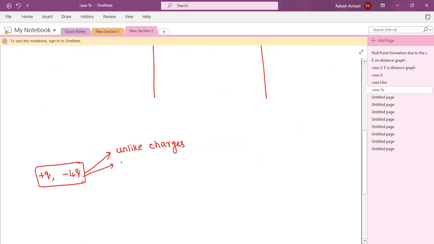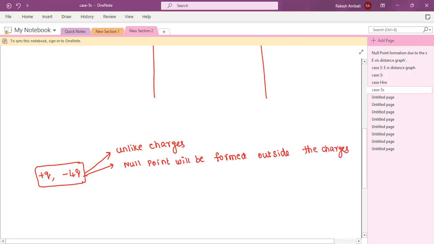Second point, in the case of unlike charges, the null point will be formed outside the charges. Next point, we have two charges, one is plus Q and one is minus 4Q.